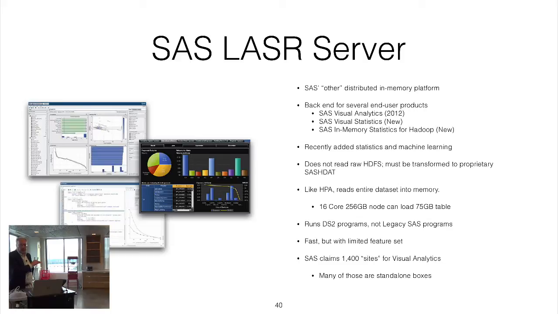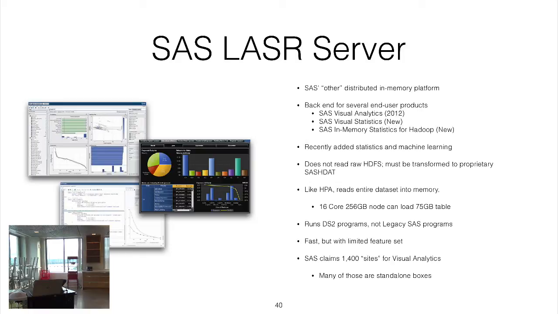Visual Statistics and In-Memory Statistics were all released within the last couple of months. SAS has just recently added the statistics and machine learning capabilities to LASR Server. They've got a small library, and again, I'm not going to criticize it. It's a reasonable first release in terms of its completeness.